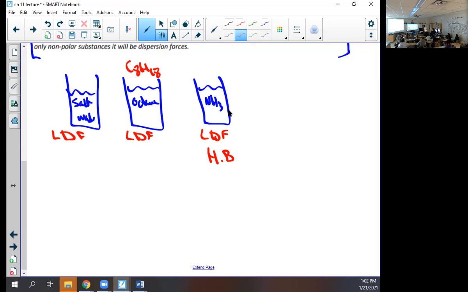Anything else? Dipole-dipole. NH3 is polar, so dipole-dipole. Is there any ion-dipole? No, because there's nothing ionic present. Okay. Octane, only C8H18, so I only have London dispersion forces.